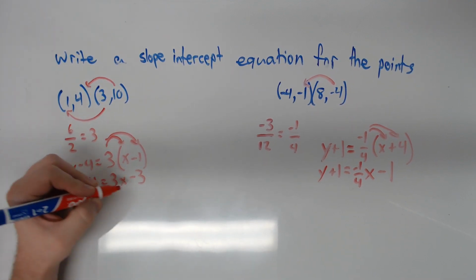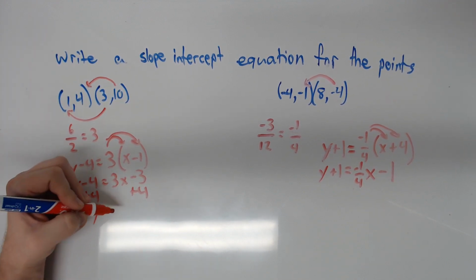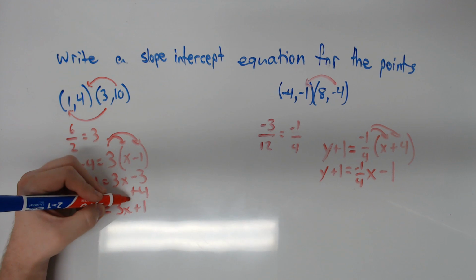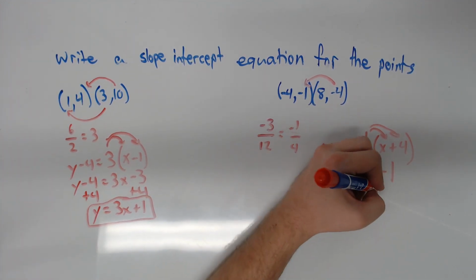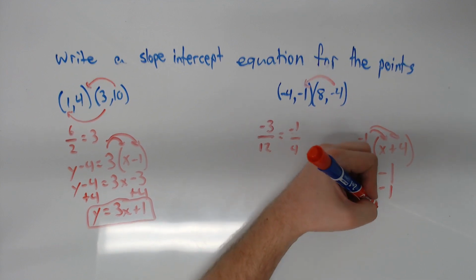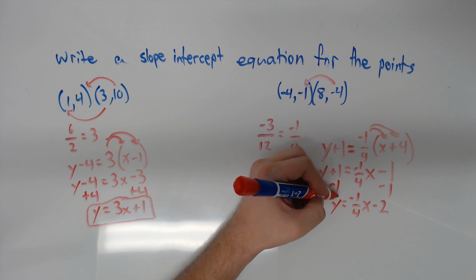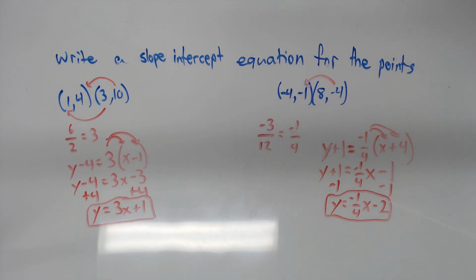Then we add or subtract this number. So it comes out to y equals 3x plus 1. Nice clean answer. This one subtracts 1. Y equals negative 1/4 x minus 2. Who cares that we had a fraction for a slope? It still came out nice. All right. So that's kind of hitting point slope form from just about every angle.